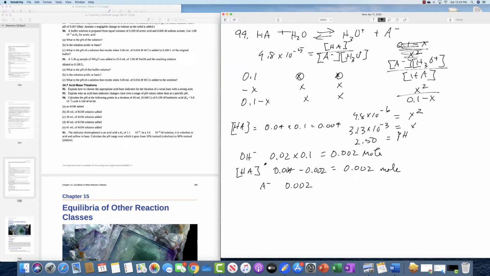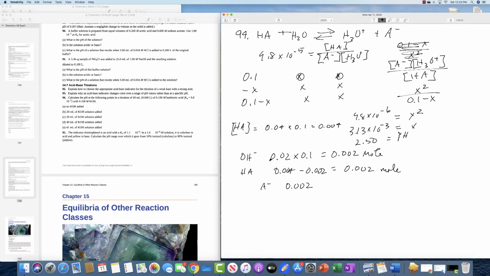And so you have, let me take these out because it's not really concentration yet. It's just the amount. So it's not confusing. So we have this much of this. When you add this to it, the shift causes this amount to decrease by this. So now you have this much HA and this much A. The total volume is 20 mils plus 40, or 60 mils, which is the same as 0.06 liters.